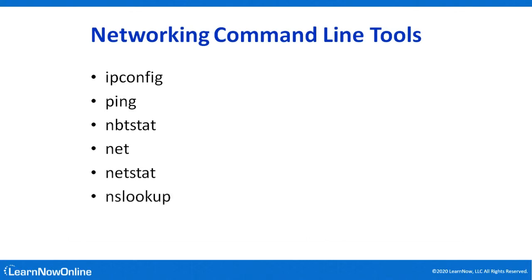The NSLOOKUP command is used to verify that a computer can connect to a domain name server, which is DNS, and find an IP address for a given computer name. And then the tracert command, which is used to determine and test all points along the route the computer uses to send a packet to a destination.